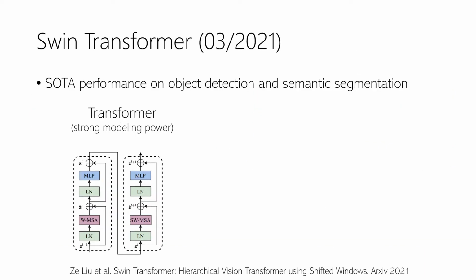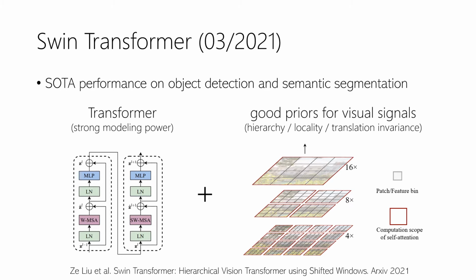So, what is Swin transformer? It's basically an architecture which introduces some good priors for visual signals into the standard transformer architectures. The good priors include hierarchy, locality, and translation invariance.